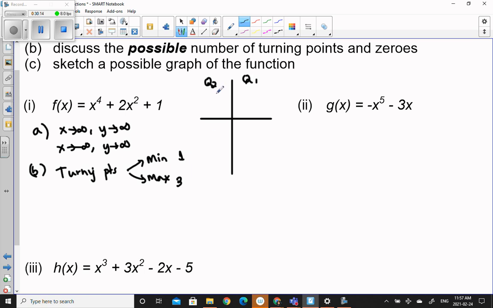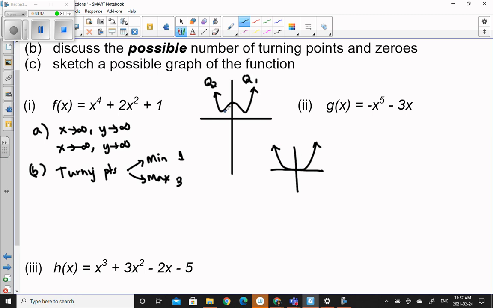Okay, so say for instance, if your function was like this, you could have 1, 2, 3 turning points. That's the maximum you can have. Or if your function was just like, say, something like this, then you could only have 1 turning point.